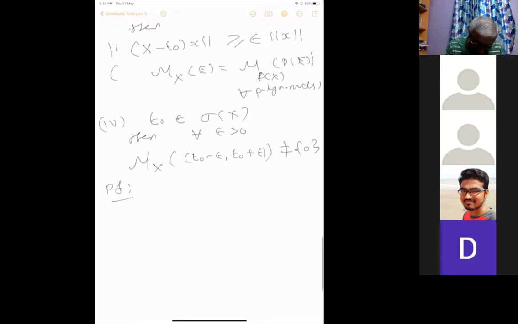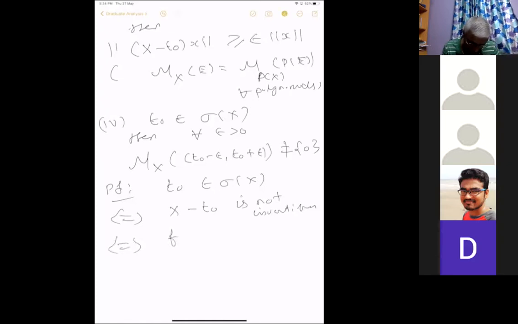What does it mean to say T0 is in sigma of x? This is equivalent to saying x minus T0, as an operator, is not invertible. This is equivalent to saying the function f0 minus t0, where f0 is the identity polynomial, the degree one polynomial f0(t) equal to t, is not invertible.